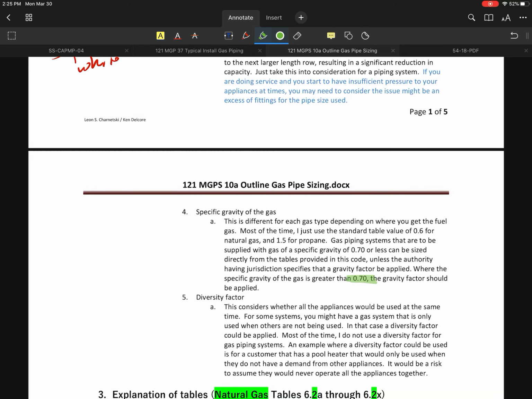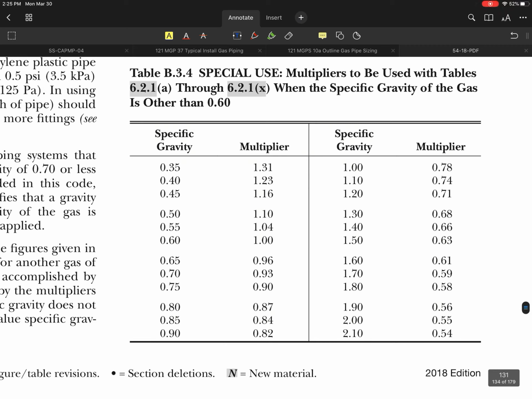Let me explain a little bit about what that really gets into. I pulled up in my code book under Annex B, there's a multiplier that they talk about. With a specific gravity of 0.6, they have a multiplier of 1.0. That means there's no correction of the tables.